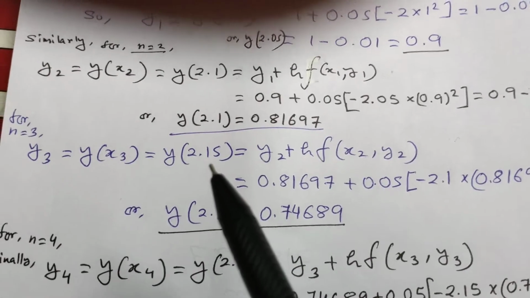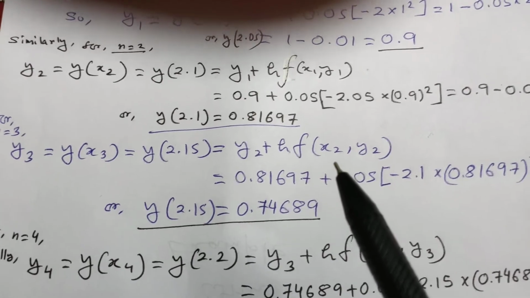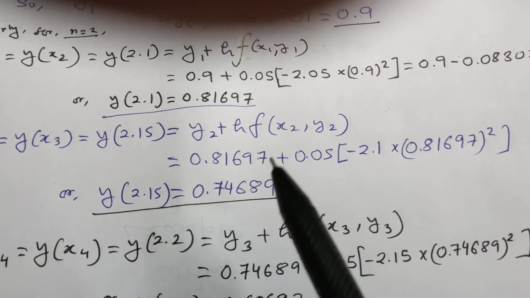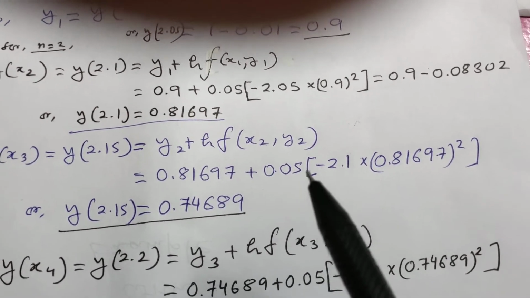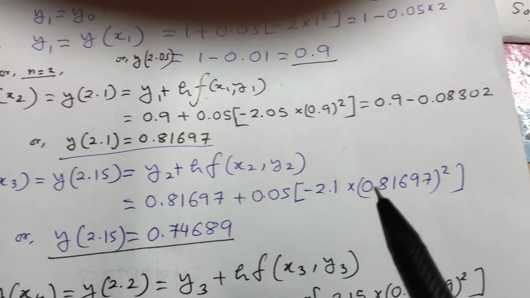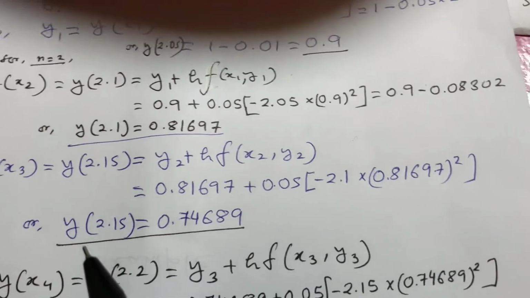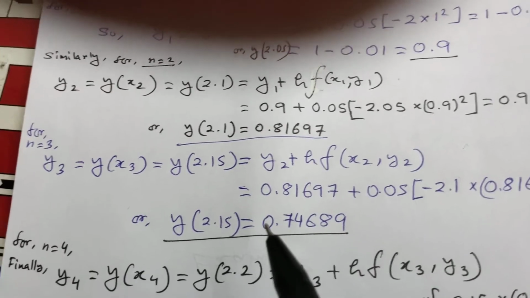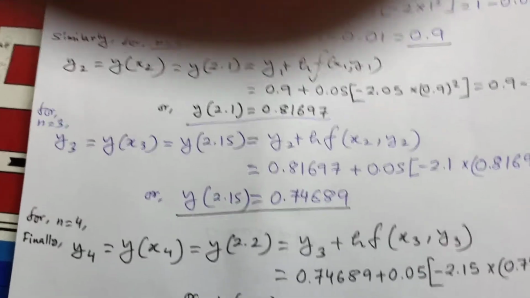So y(2.15) equals y2 plus h f(x2, y2) equals 0.81697 plus 0.05, that is the value of h, into minus 2.1, that is x, into 0.81697 whole square, right? So y(2.15), or y3, equals 0.74689. If you calculate, you will get this value.